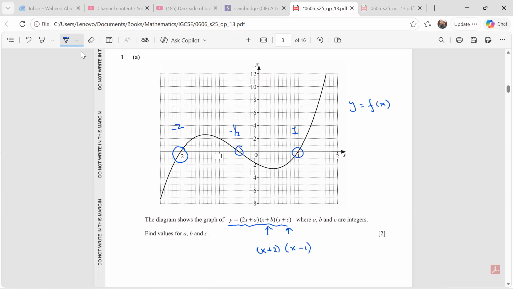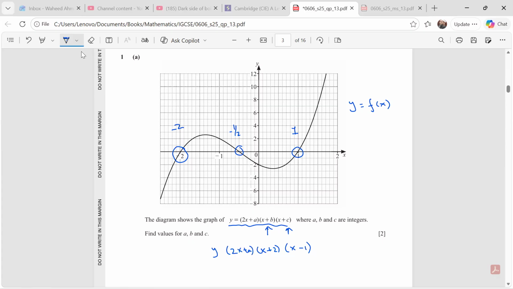So here let me write 2x plus a as it is, and this is equal to y. You can see that when x is equal to minus 2, this whole thing becomes 0, right? This corresponds to this point. Similarly, if x becomes 1, it corresponds to this point, everything will become 0.